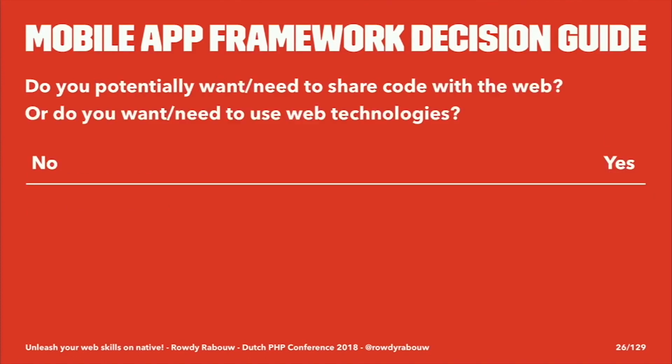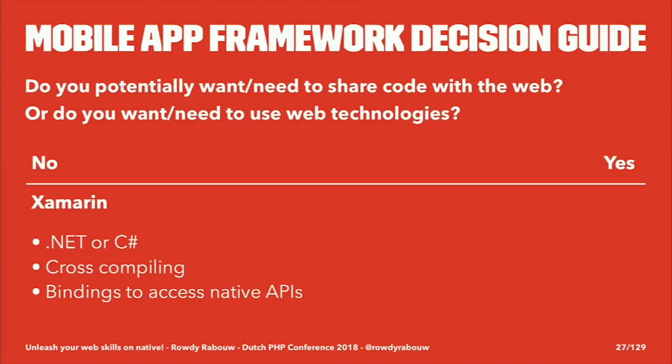So, next question, do you potentially want or need to share code with the web or use web technologies? If the answer is no, you can actually choose something called Xamarin from Microsoft, but you have to know .NET or C#. Or Google's new love child, Flutter. You have to learn Dart for that.